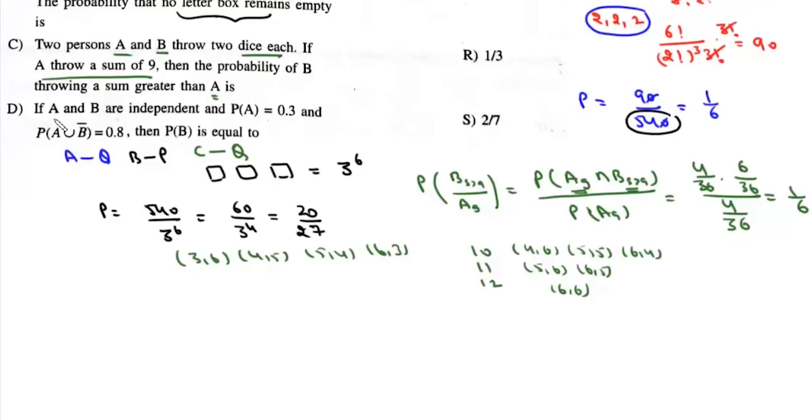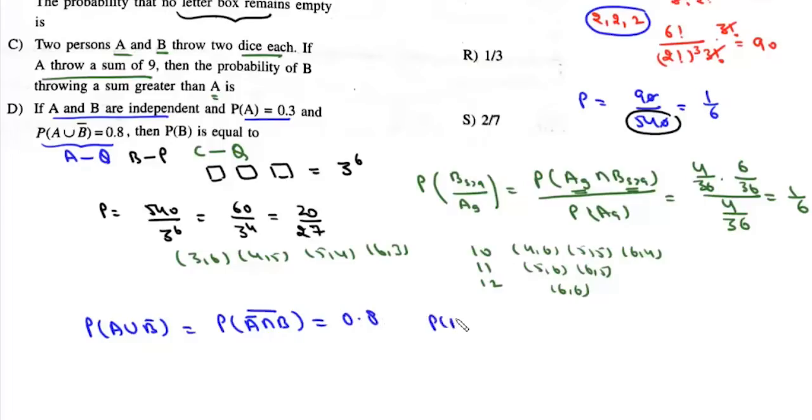And then it is: if A and B are independent and P(A) equals 0.3 and P(A union B) naught is 0.8, find probability of B. Now we know that we can write probability of (A union B) naught as probability of A naught intersection B naught, and this is 0.8. So from here we can write probability of A naught intersection B will be simply 0.2.